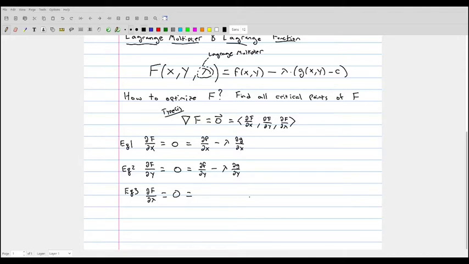And then lastly, when we take the lambda partial derivative of this expression, you get that negative g of x, y minus c has to be equal to 0. So any local minimum of the Lagrange function has to satisfy equation 1, equation 2, and equation 3.